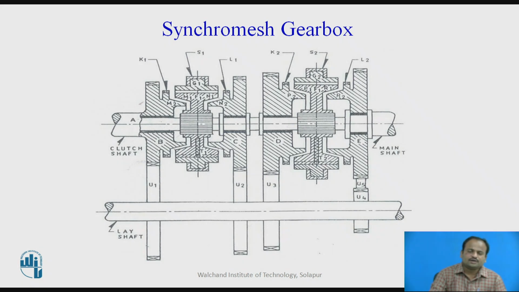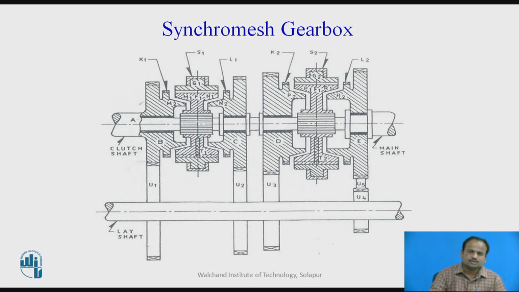The synchronizers have a female cone and the gears have a male cone. So when the synchronizer approaches the gears, the female cone engages with the male cone, and with the friction principle the power is transmitted from the synchronizer to the gear.